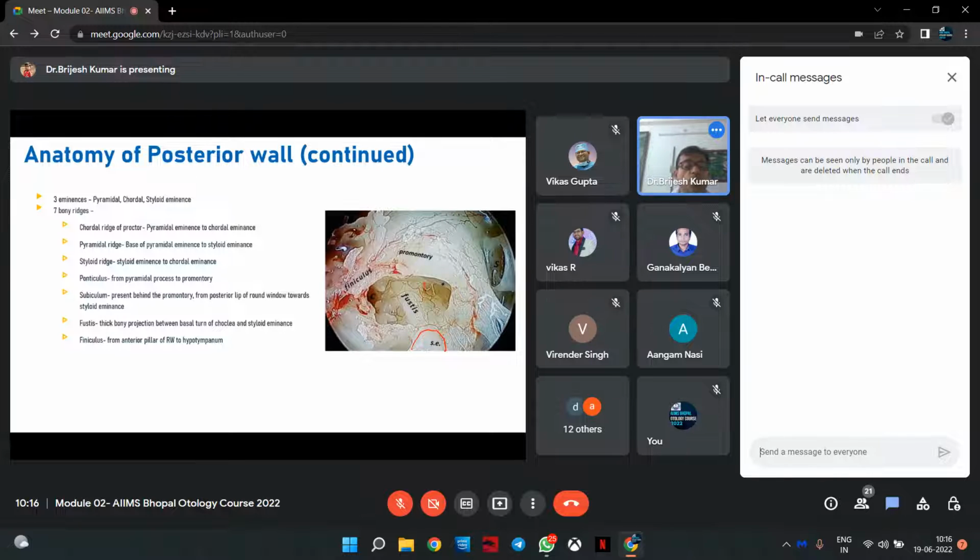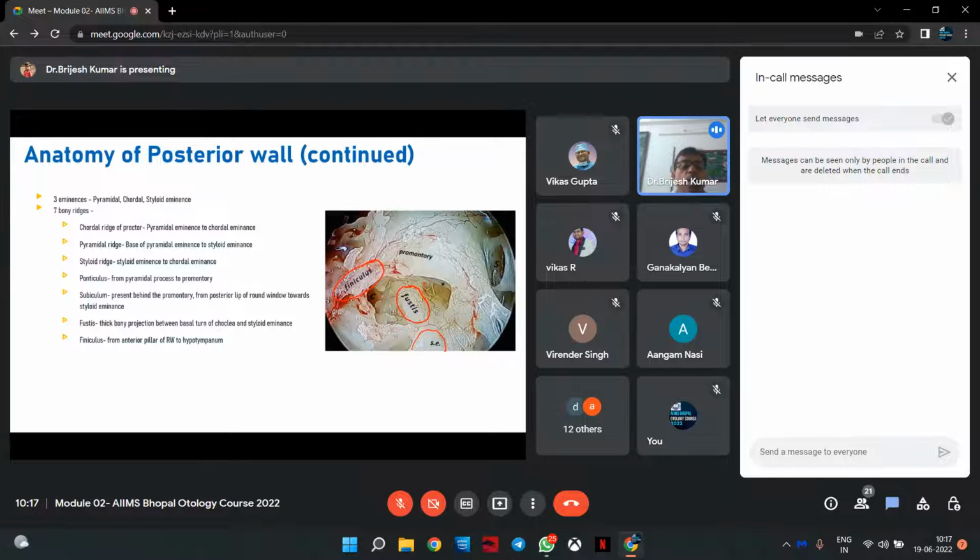Then there is the finiculus, a thick bony projection between the basal turn of the cochlea and the styloid eminence. You can see it here. And there is the frustulum from the anterior pillar of the round window to the hypotympanum. So these are some more structures seen in the posterior wall.